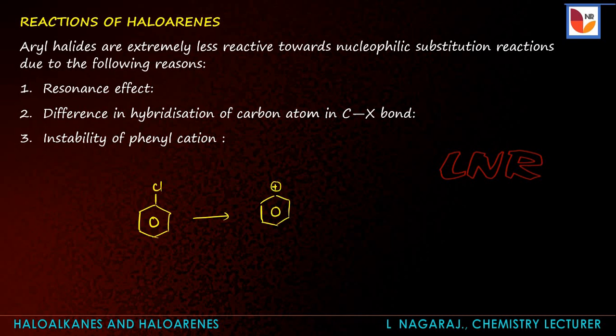So this is to be called a phenyl cation. This phenyl cation is unstable, so it is not stable. Hence the aryl halides are very less reactive towards nucleophilic substitution reactions.